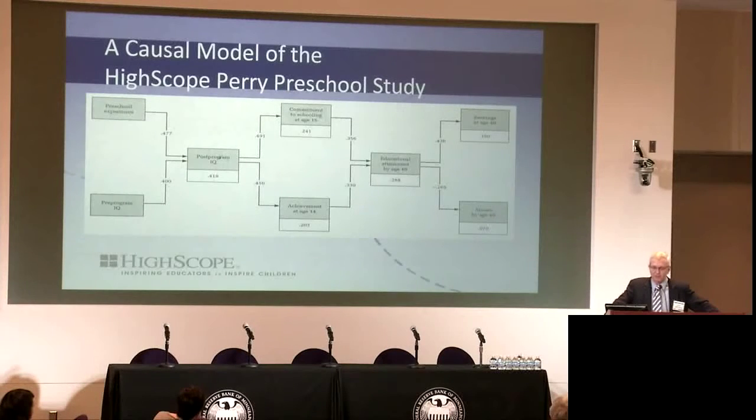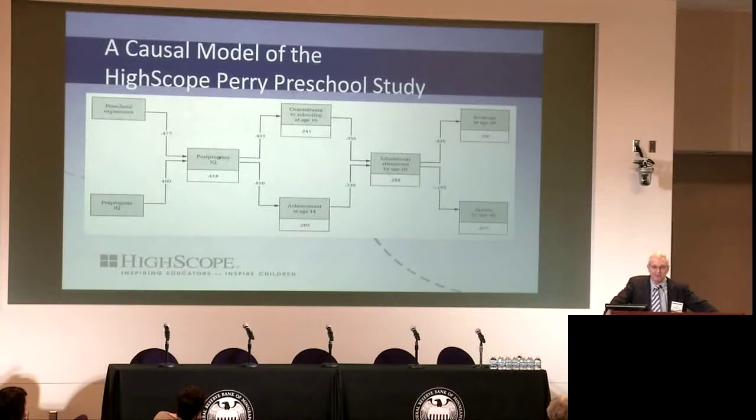There's preschool experience, pre-program IQ at the beginning. And then the next box there is the mediator of long-term effects. I'm convinced of it. It's post-program IQ. Then it splits out into commitment to schooling and achievement at age 14. And that goes on to educational attainment at age 40, and then beyond that, earnings at 40 and arrests by age 40.